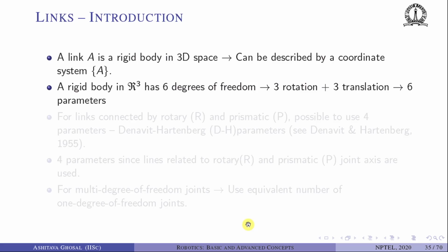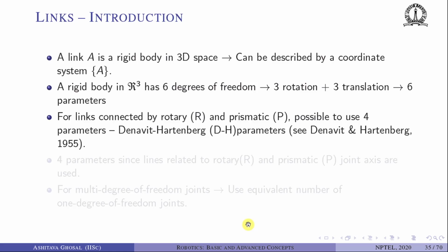If you have 2 rigid bodies, you need 6 parameters to represent one rigid body with respect to the reference coordinate system or with respect to another rigid body. If the 2 rigid bodies are connected by a rotary or prismatic joint, it is possible to use 4 parameters. These were invented by Denavit and Hartenberg in 1955.